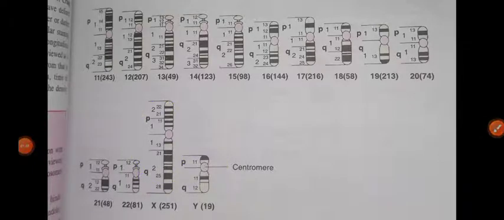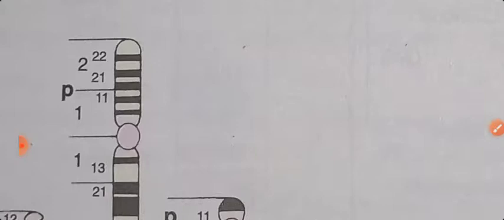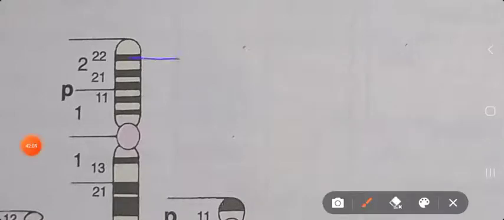So normally, most of the bands are given as solid black or white areas.